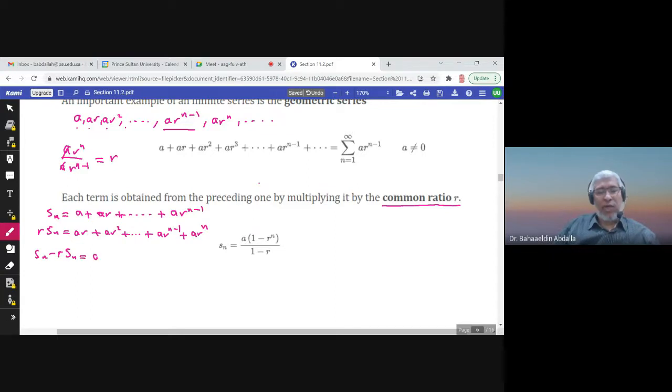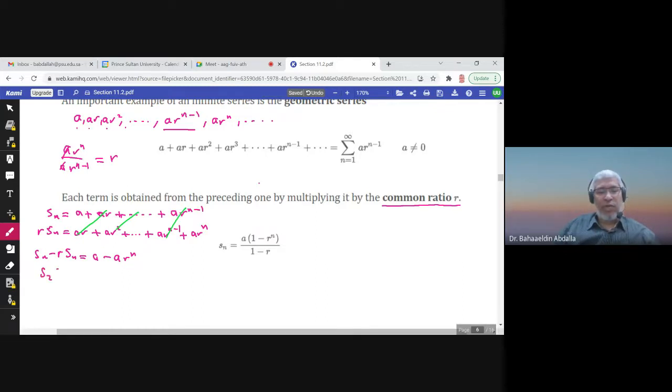we will get a, and ar will be cancelled with ar, and ar squared would be cancelled with ar squared, and ar to the power n minus 1 would be cancelled with ar to the power n minus 1, and we will have a minus a times r to the power n.